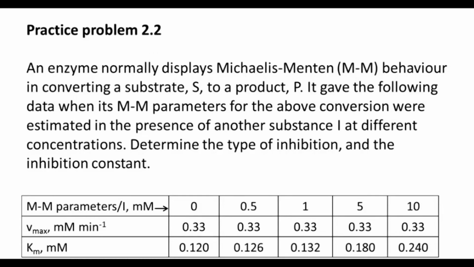With this, let us look at practice problem 2.2, and we'll finish up this lecture here. In the next lecture, I'll tell you how to solve this. Before this, just a quick recap of the short lecture that we had. We had looked at the kinetic mechanisms for enzymes, which are different from the Michaelis-Menten kinetics. Especially, we had looked at inhibition kinetics.